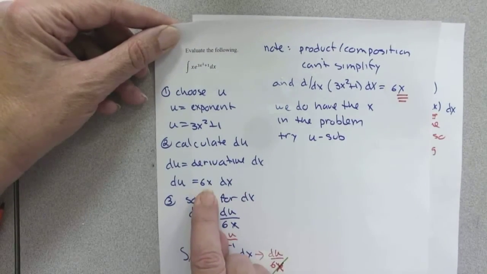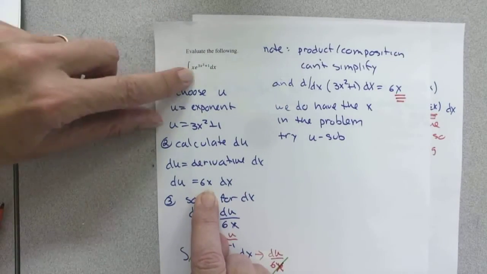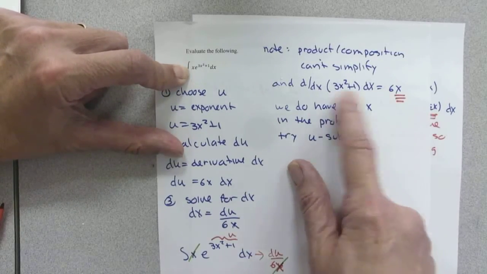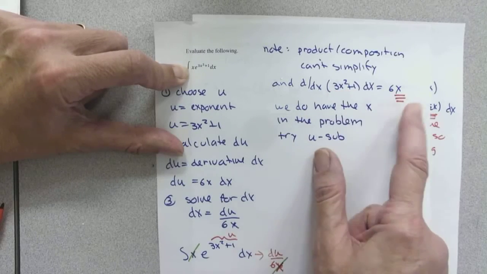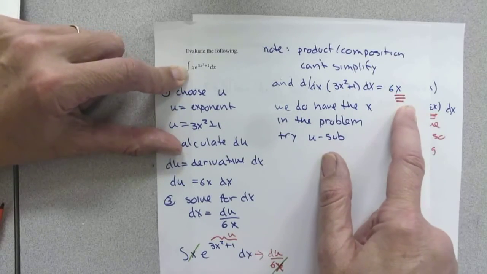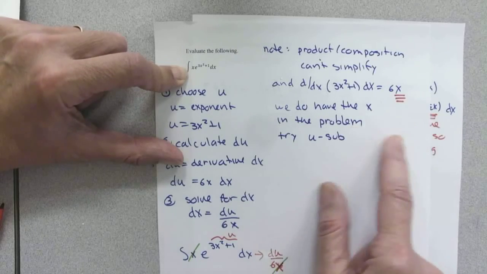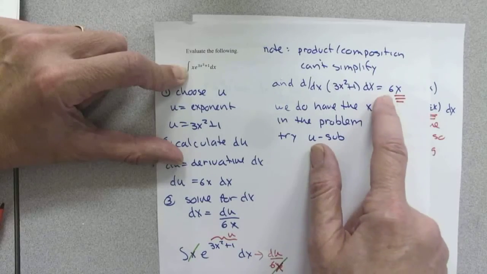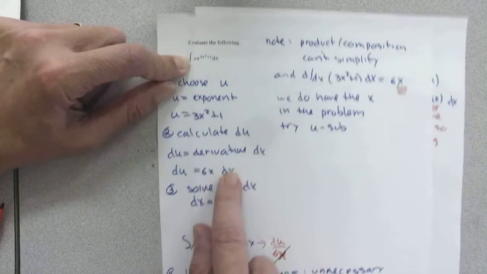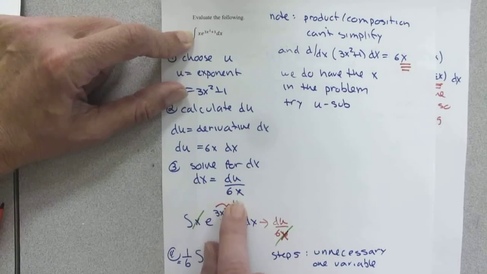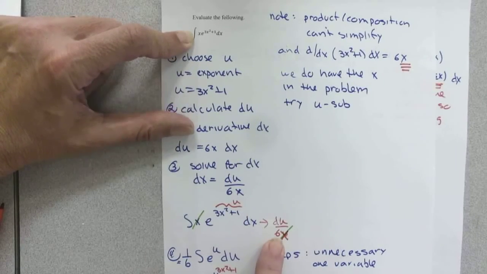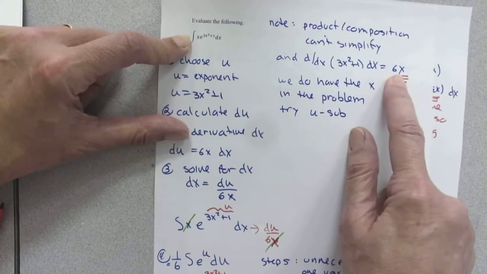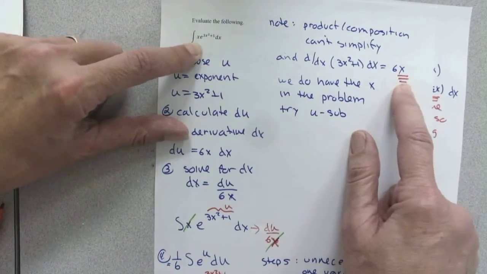We calculated du, which is 6x dx, and we did have the x in the problem. When you have the variable part in the problem, this will probably work. That 6 took care of itself. When I solved for dx, that 6 ended up in the denominator, and we just pulled it out. So I can be missing a coefficient, but I've got to have the variable part.